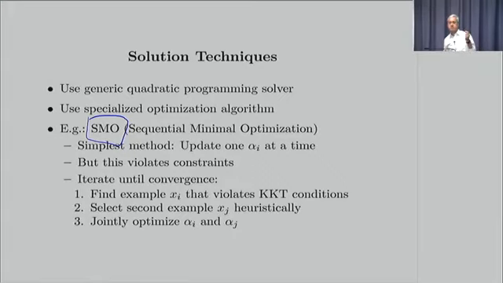The simplest possible way to solve a problem like this, even simpler than gradient descent, is just to update one weight at a time to improve the value of your objective function. Well, let me change the value of this weight to try to make the norm of the weight vector smaller. Easy thing. But the problem is that if you do this, you might violate constraints, because you're solving a constrained optimization problem.